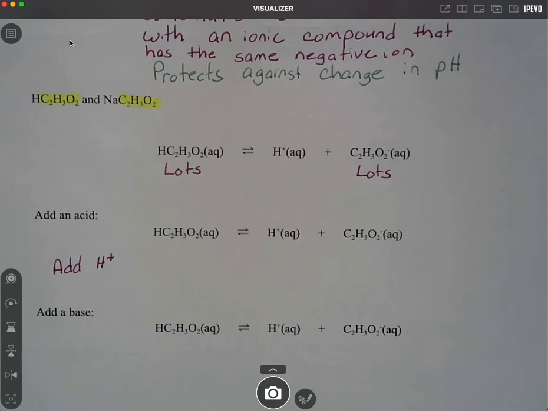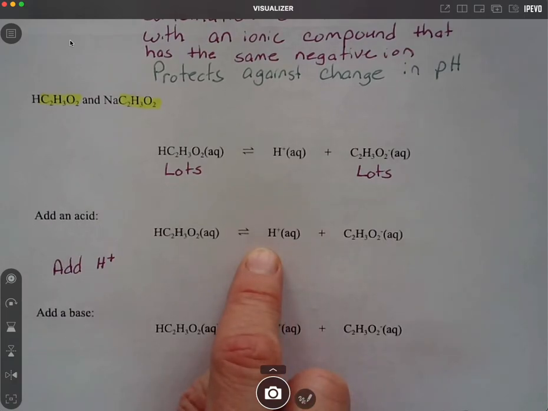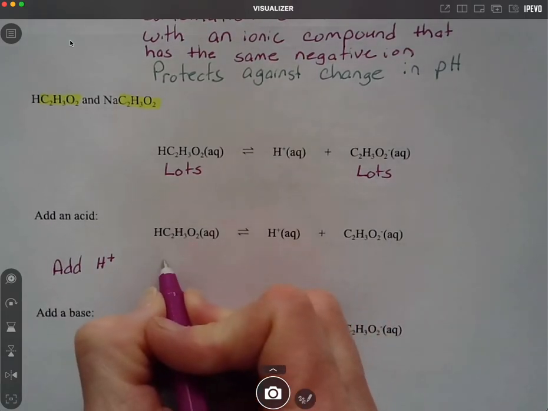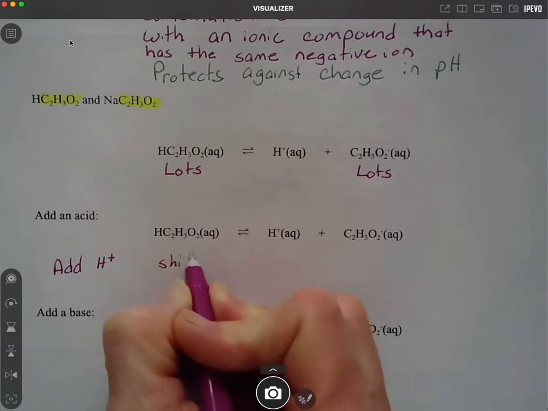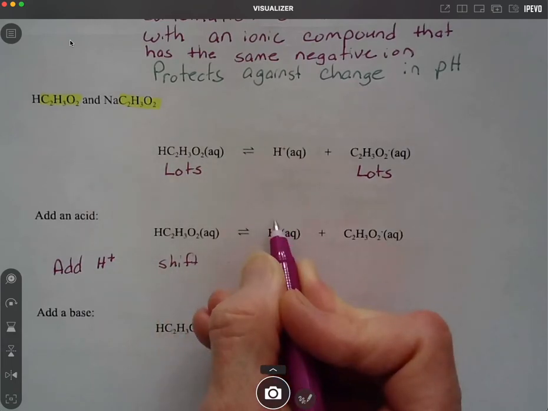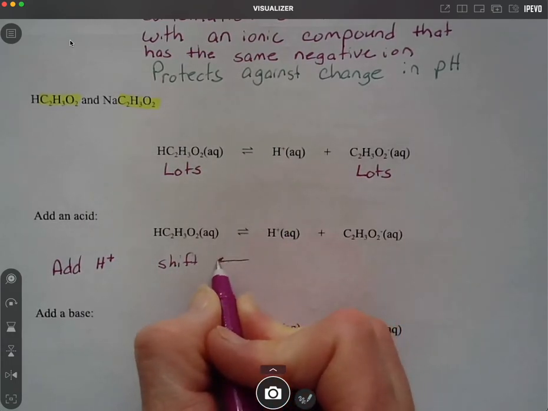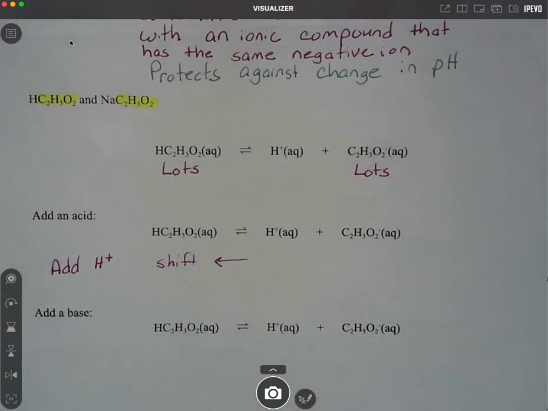If we think back to Le Chatelier's principle and the shifting of equilibrium, if you add more hydrogen, the equilibrium shifts back that way, and the hydrogen ions don't build up.